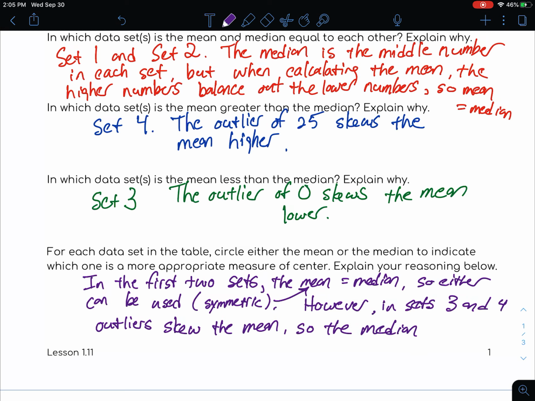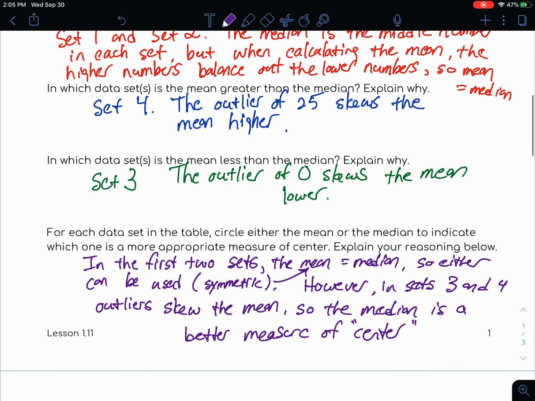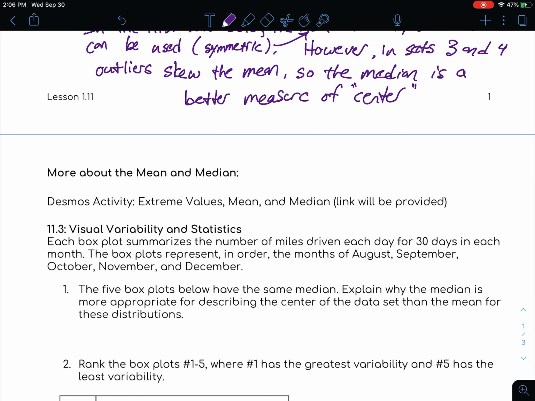So the median is a better measure of center. And again, center is used like a general idea of where the middle of the data is. Right, not the exact center, but where the middle of the data is.